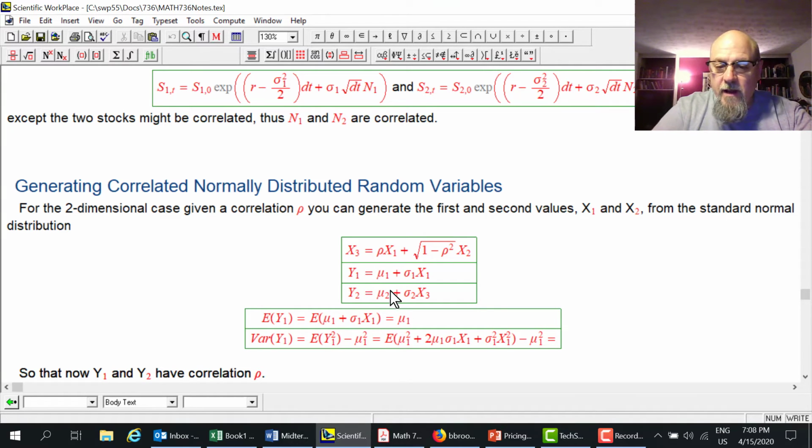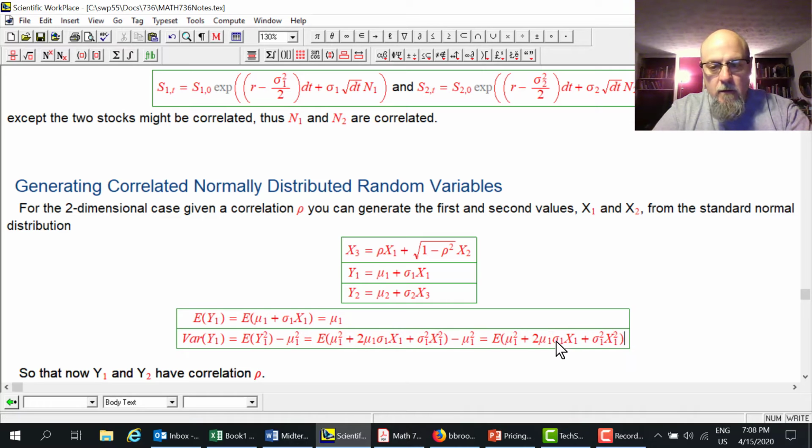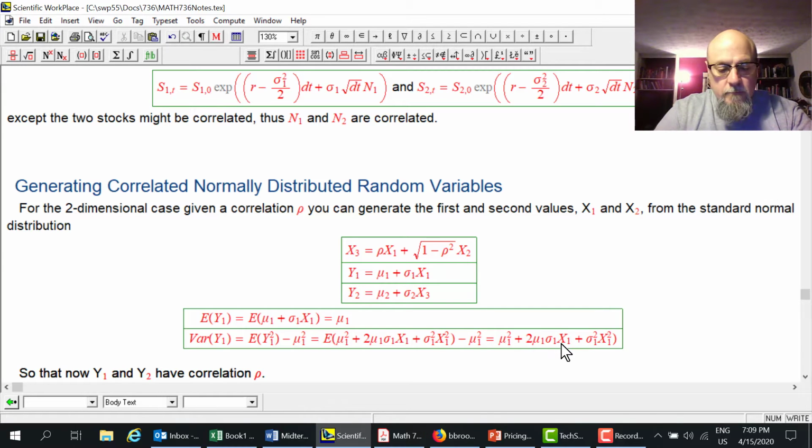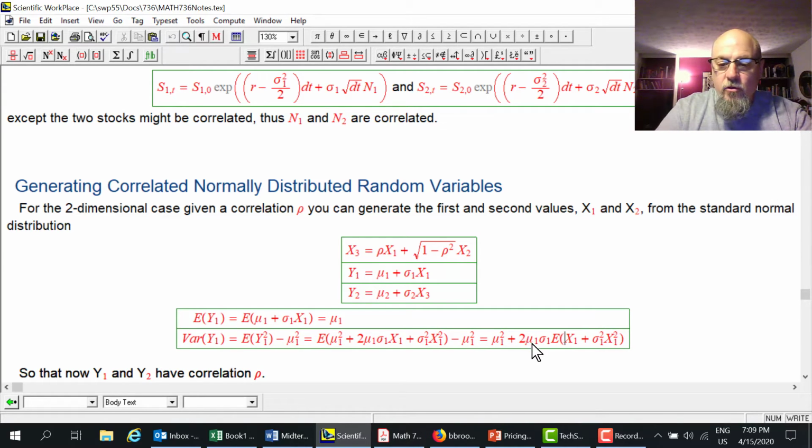All right, so now let's distribute this expected value across these pieces, across these two plus signs, and anything that's a constant is going to come outside the expected value. So that's going to be the expected value of mu1 squared. Actually, since mu is a constant, the expected value of that constant is just that constant. 2 mu1 sigma 1, those are constants, so they can come outside.